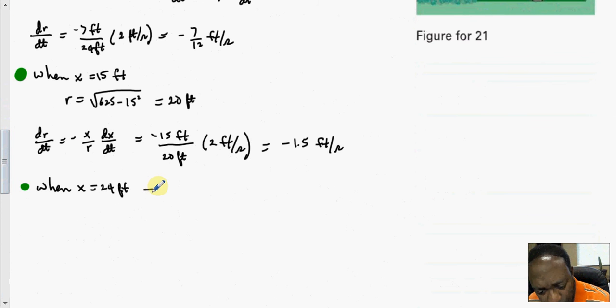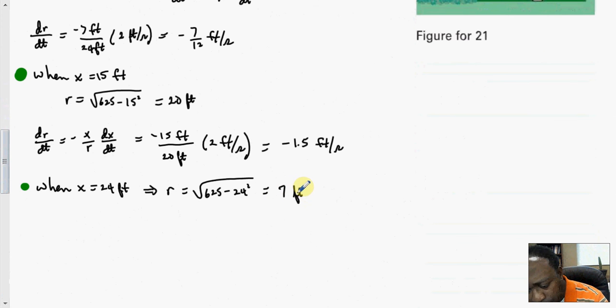So here, this implies that r is equal to the square root of 625 minus 24 squared, and that'll give us 7 feet.